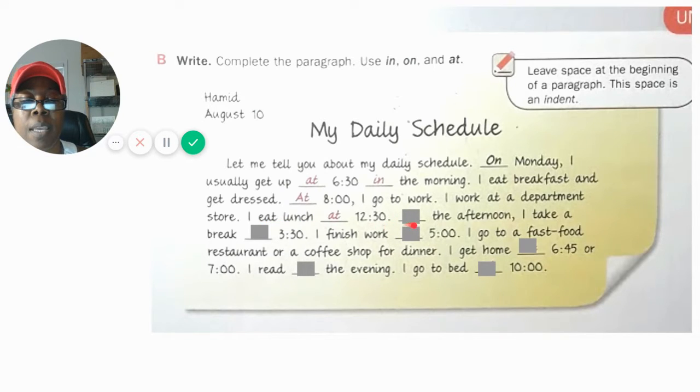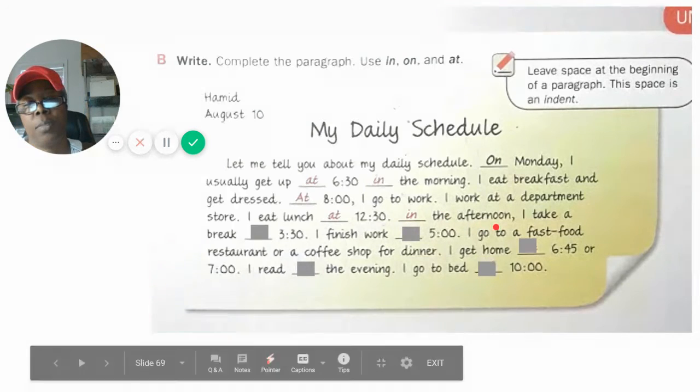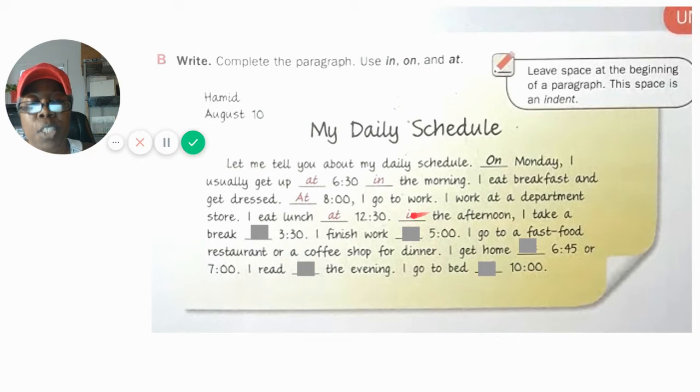Blank the afternoon. So the afternoon is a part of the day, and parts of the day we say in the afternoon. This should be a capital I, by the way, because this is a new sentence.